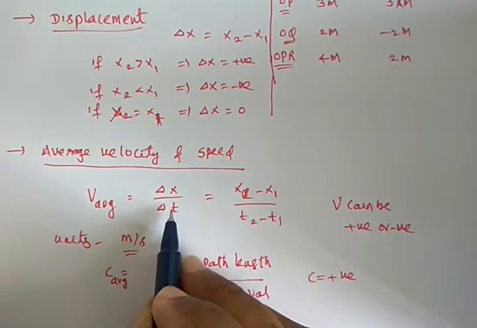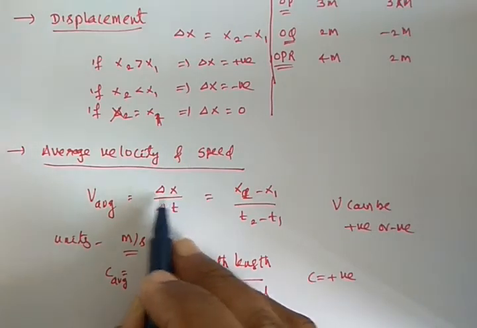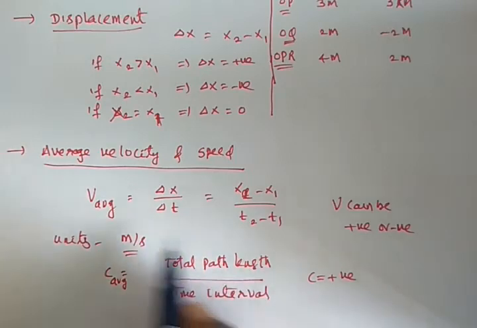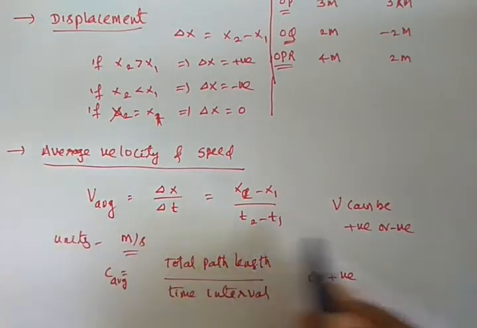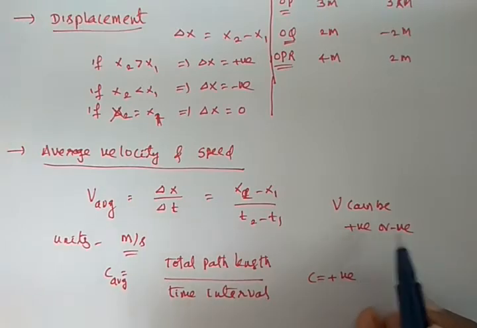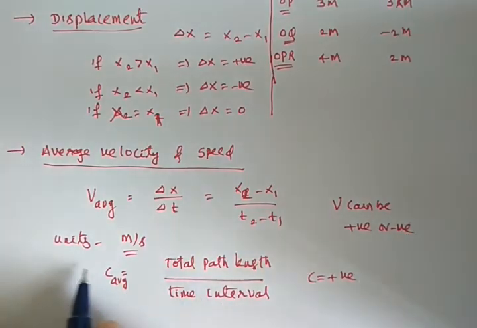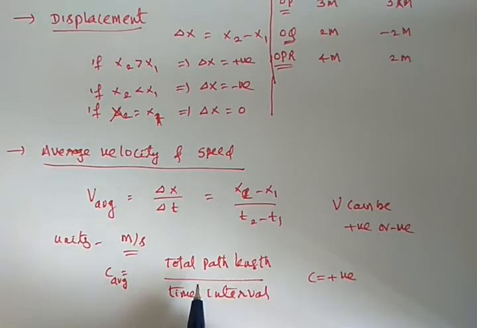So delta t cannot be negative, it's positive, and delta x can be negative or positive. Because of that reason, you get V average negative and positive also. But for speed, the time interval is positive and the total path length is also positive, so your average speed must be a positive number.